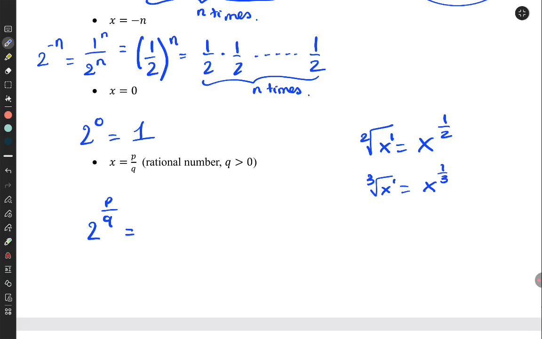Okay. Now, if I replace that with number 2, I have this. Right, I have that. Now you have this: P over Q. If I rewrite it in a root form, where do I put P?